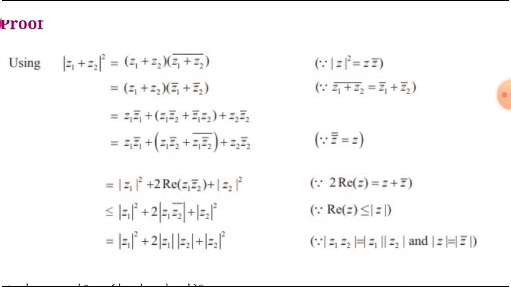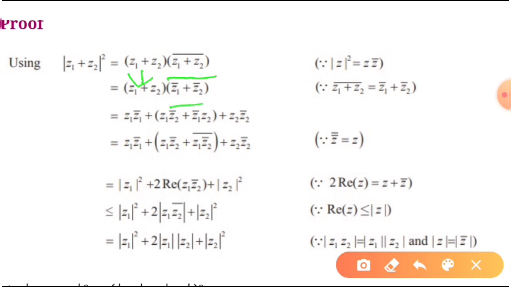Next step, z1 plus z2 is the same, but z1 plus z2 the whole bar is equal to z1 bar plus z2 bar by property.